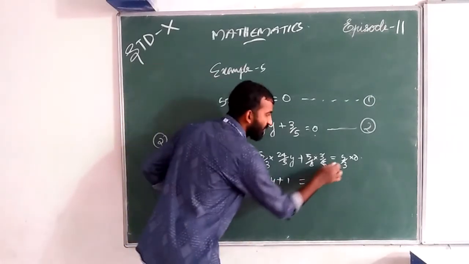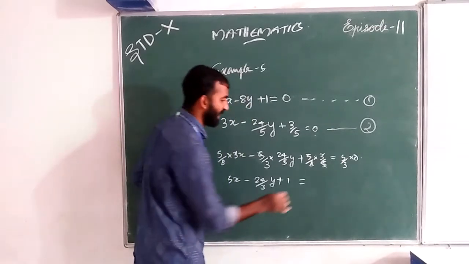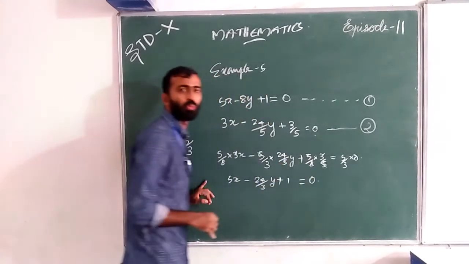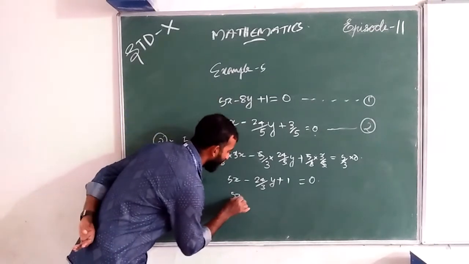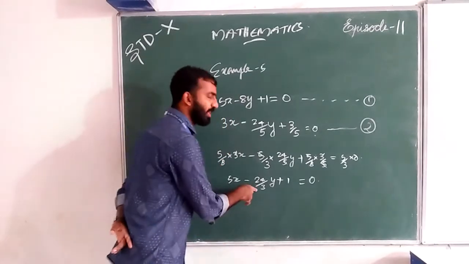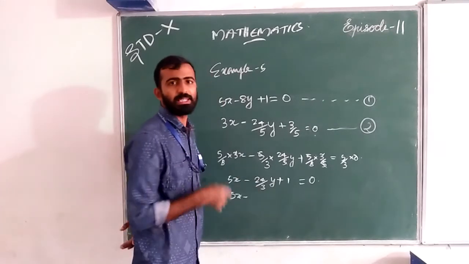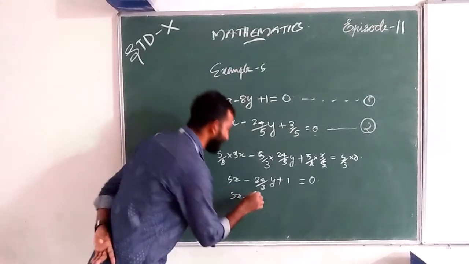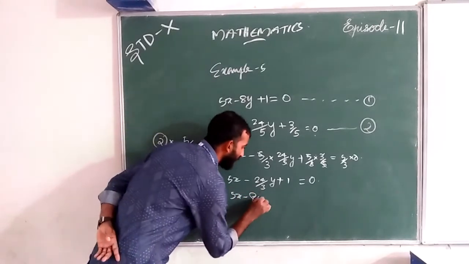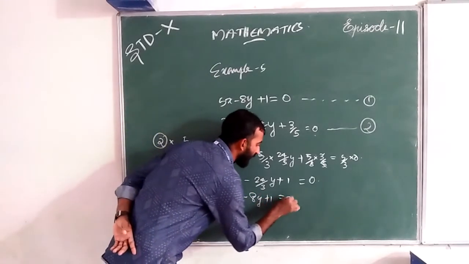And 5 by 3 into 0 is 0. That is 5x minus 8y plus 1 equals 0.